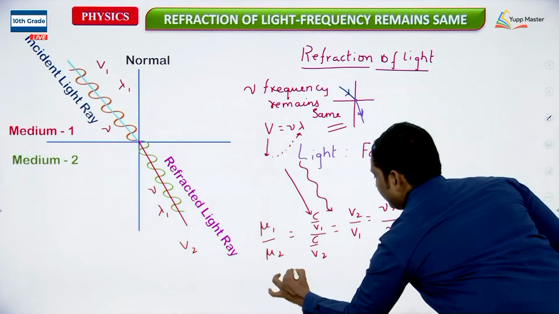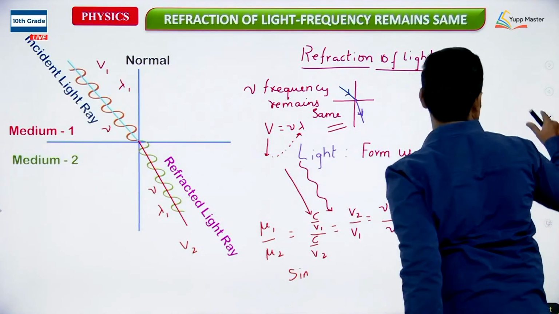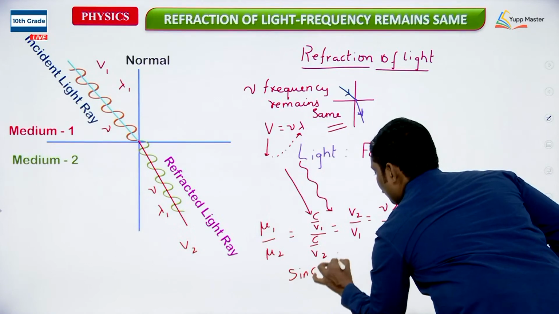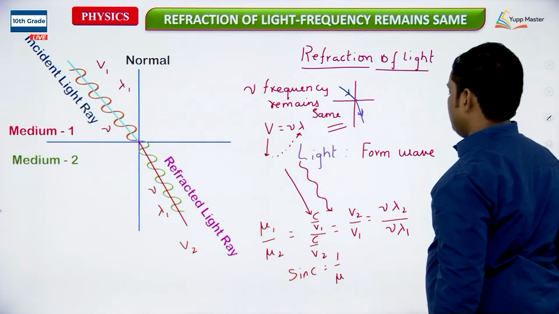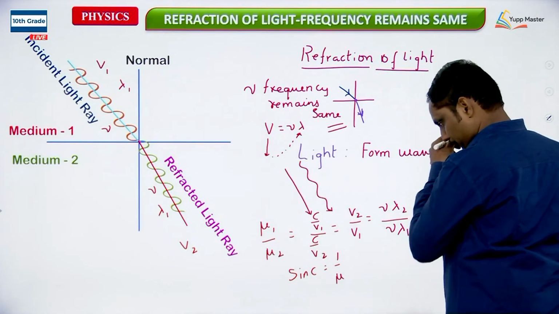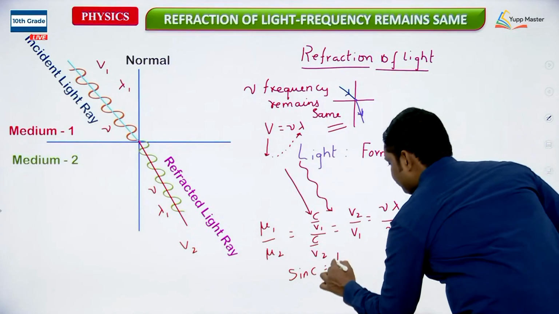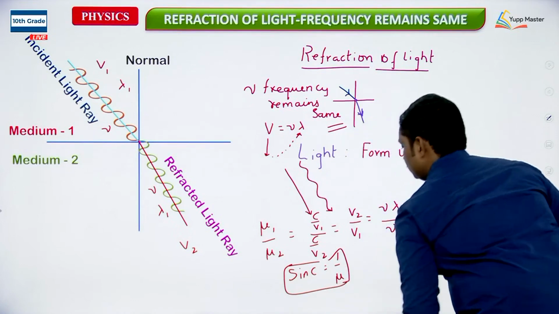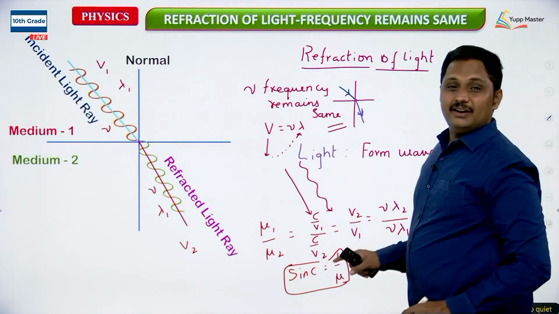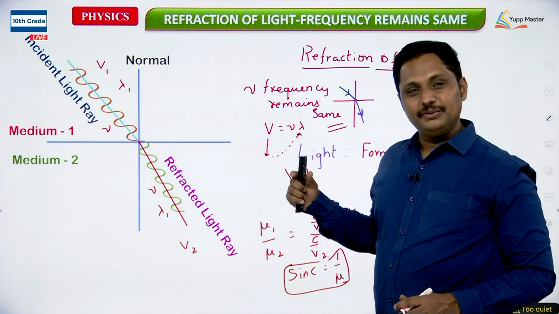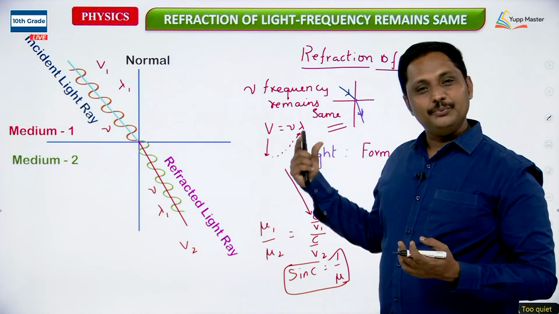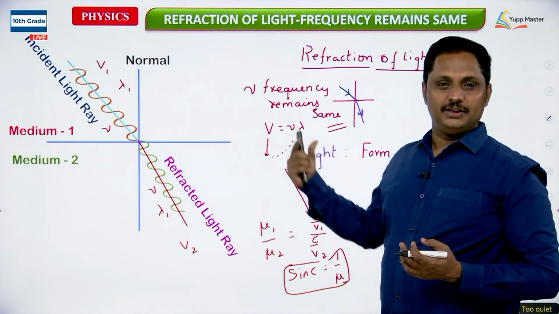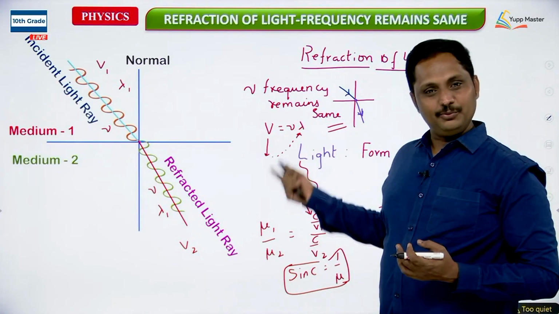Suppose you take sin C is equal to 1 by mu, you will confirm that this is also so. Sometimes the refractive index of the first medium is mu 1 and the second medium is mu 2.